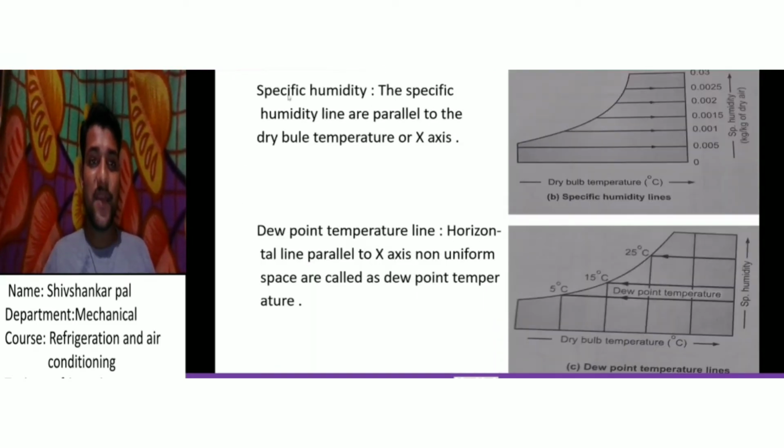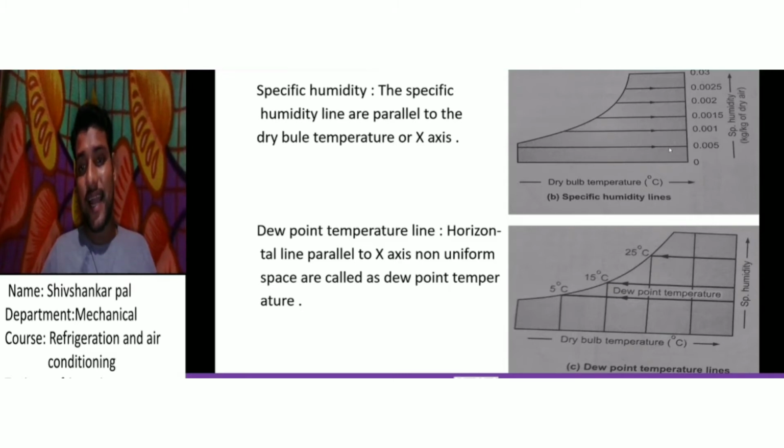Next is the specific humidity. What is the specific humidity? The specific humidity lines are parallel to the dry bulb temperature axis, or x-axis. You see this line is our specific humidity line, and this line is parallel to the x-axis.